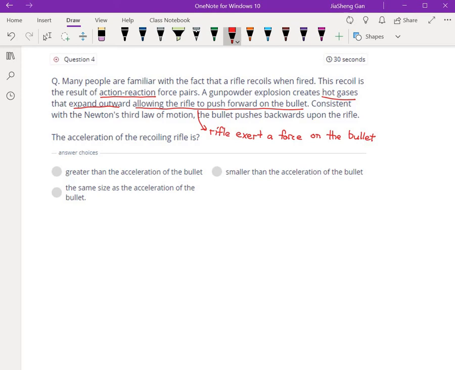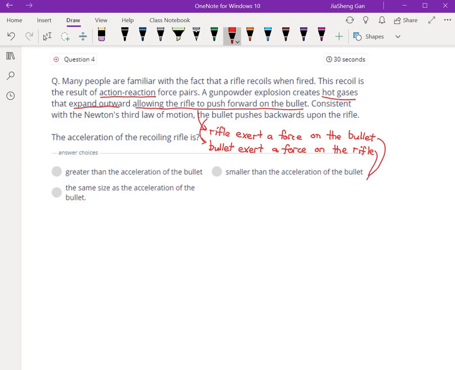The bullet pushed backwards upon the rifle. So the bullet exerts a force on the rifle. And they say this is in accordance to Newton's third law of motion.